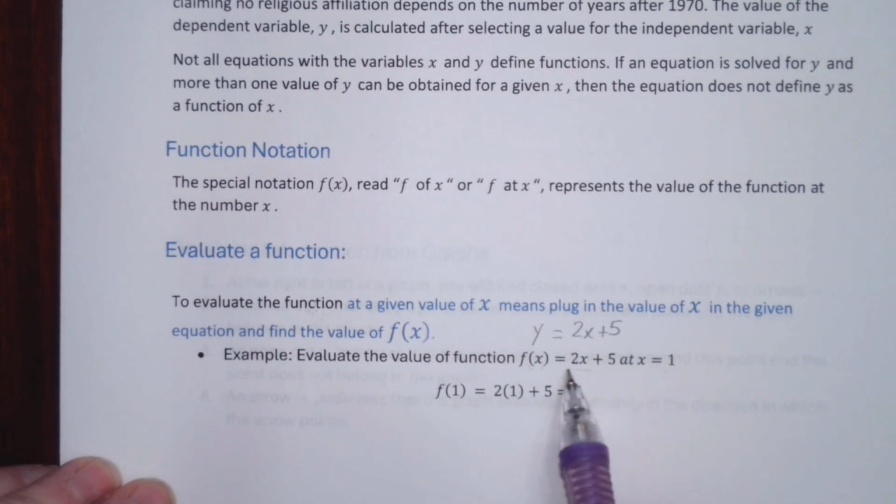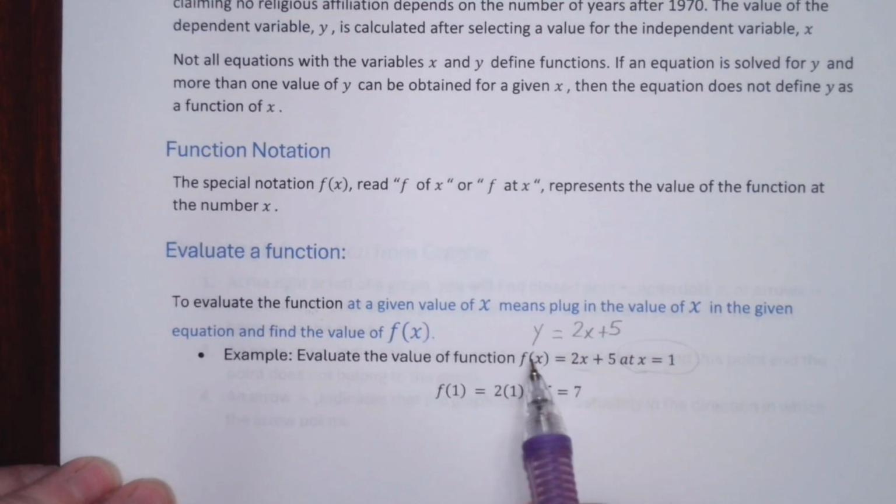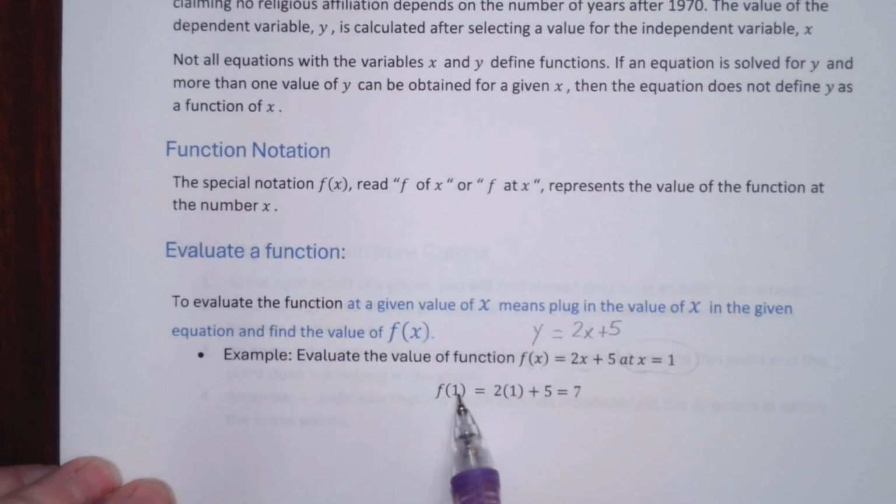So instead of having to write all this out, x equals 1, I can replace the x with a 1 right here. And that notation tells me, hey, wherever the x is, put a 1 in there. And then I just simplify to find the answer.